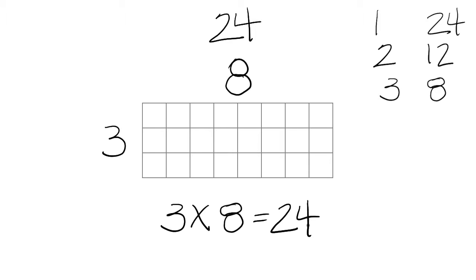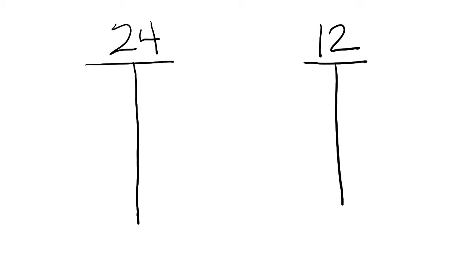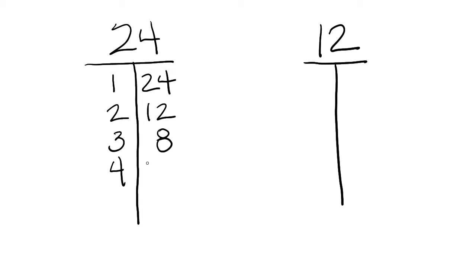Are there any others? One of the most efficient ways of finding the greatest common factor is by listing the factors with a T-chart. We list the factors for 24 and then list the factors for 12 in a T-chart and make our comparison. For 24, we found 1 and 24, 2 and 12, 3 and 8, and the last one, 4 and 6.